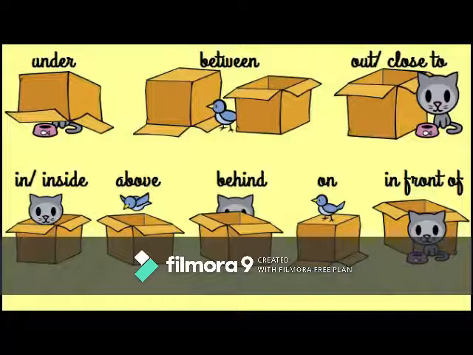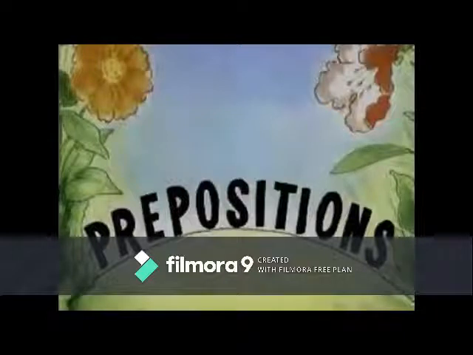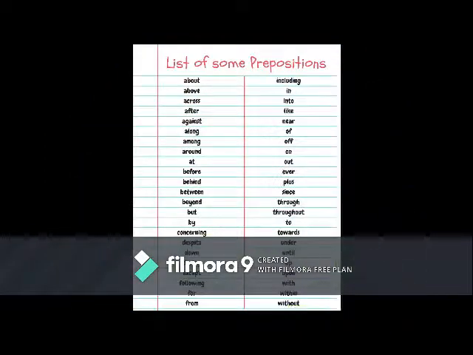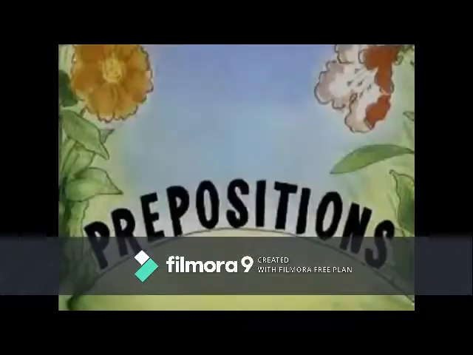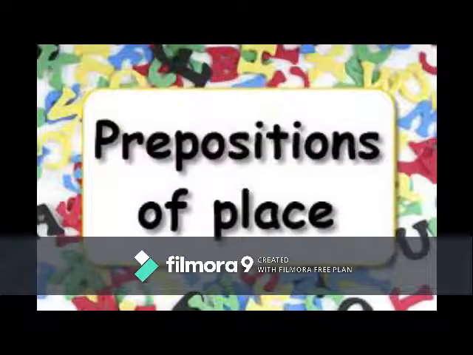Such words in the English language, we call a preposition. A preposition links a noun or a pronoun to the rest of the sentence. Examples: in, on, at, from, over, for, with, of, around, along, under, down, up, across, into, etc. So, today's topic is preposition and subtopic prepositions of place.